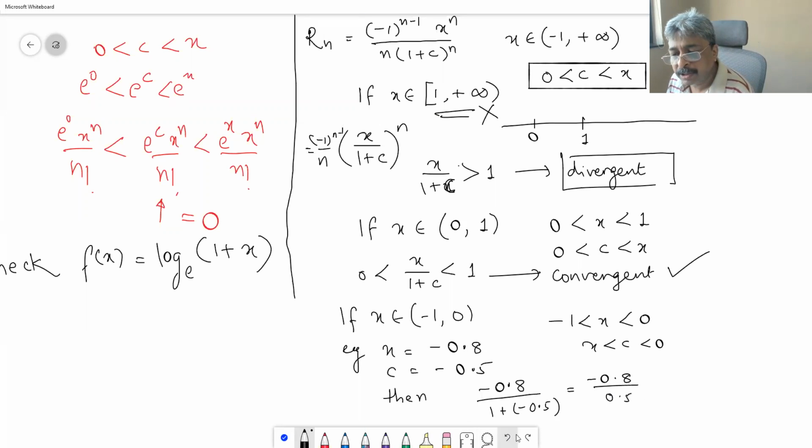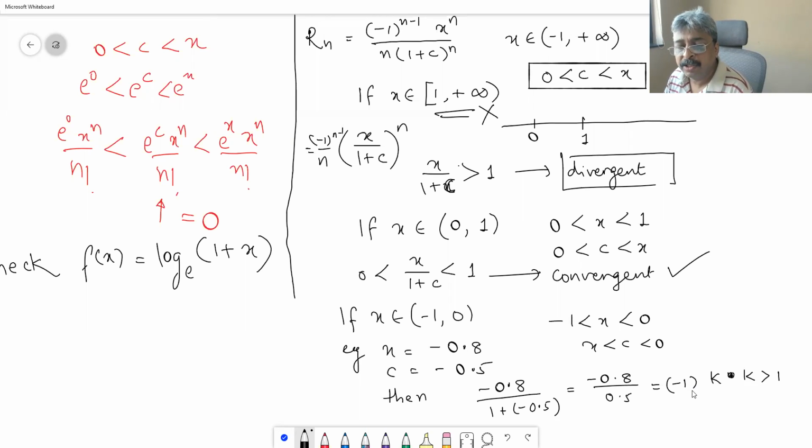I cannot directly write it is greater than 1, it is equal to -1 times something which is greater than 1. k is positive and greater than 1, -1 times k.